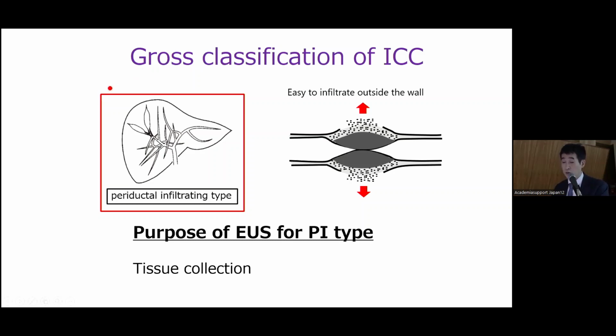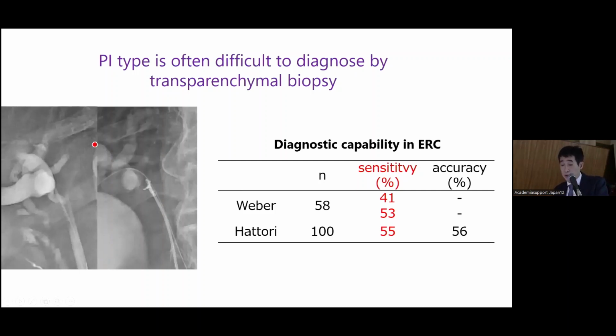So the last one is the periductal infiltration type. The main purpose of EUS for the PI type is, I think, tissue collection, because the PI type is often difficult to diagnose by transpapillary biopsy. The reason is that the epithelium is usually lost, so from the inside biopsy it cannot be diagnosed as carcinoma.